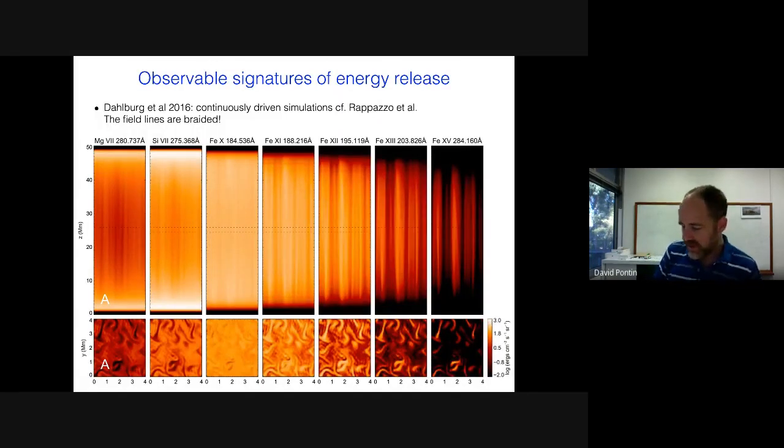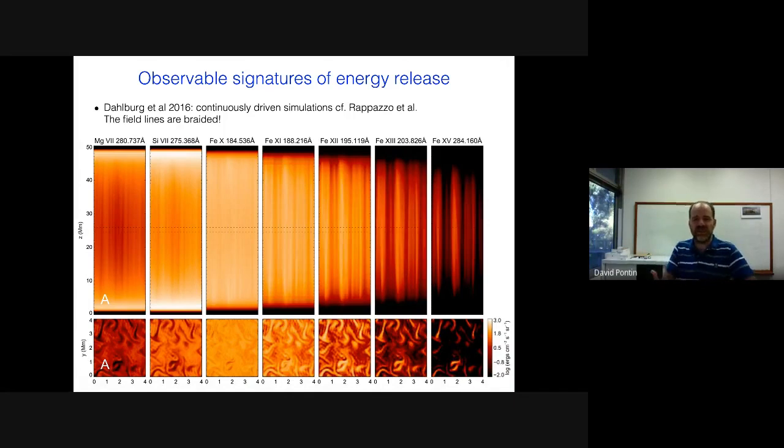Okay, another argument that's sometimes put forward against this braiding hypothesis is that we don't really see, in general, bright features tangled around one another when we look in coronal observations. I guess to counter such arguments, we have these results from the simulations by Dalberg et al.